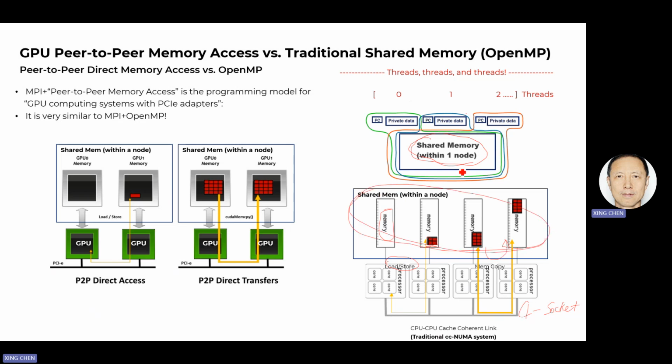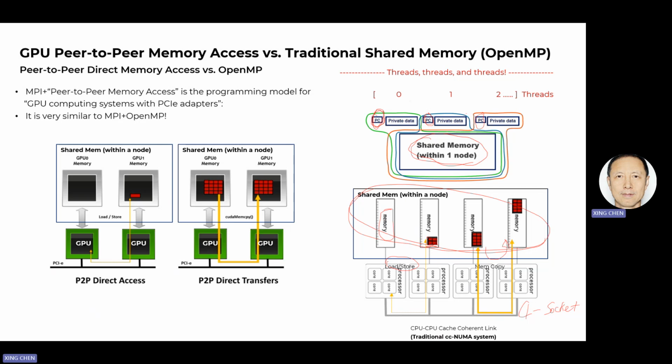You can think of a thread executing here. It can have access to the shared memory, and it has access to its private data. Another thread is the same thing, and another thread is the same thing. This is the OpenMP programming model for this kind of system with multiple sockets, with shared memory, and the CPUs linked to each other by CPU to CPU cache coherent links.